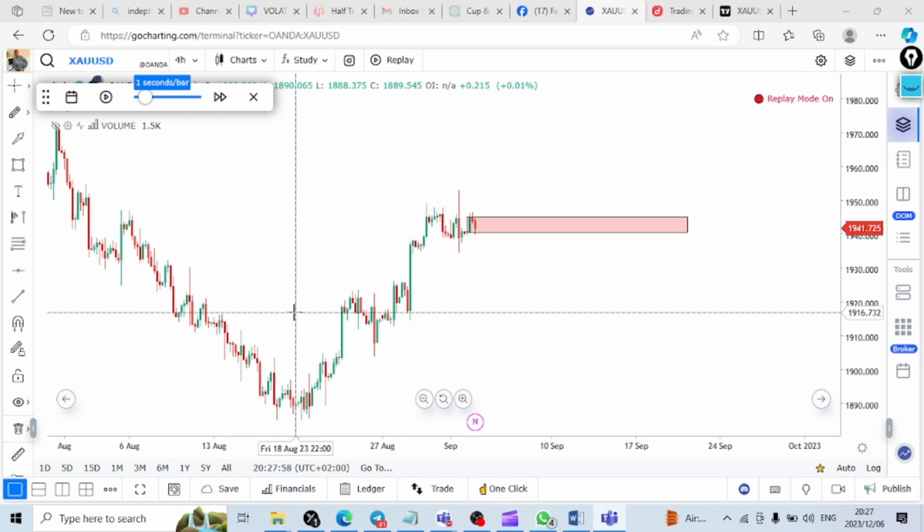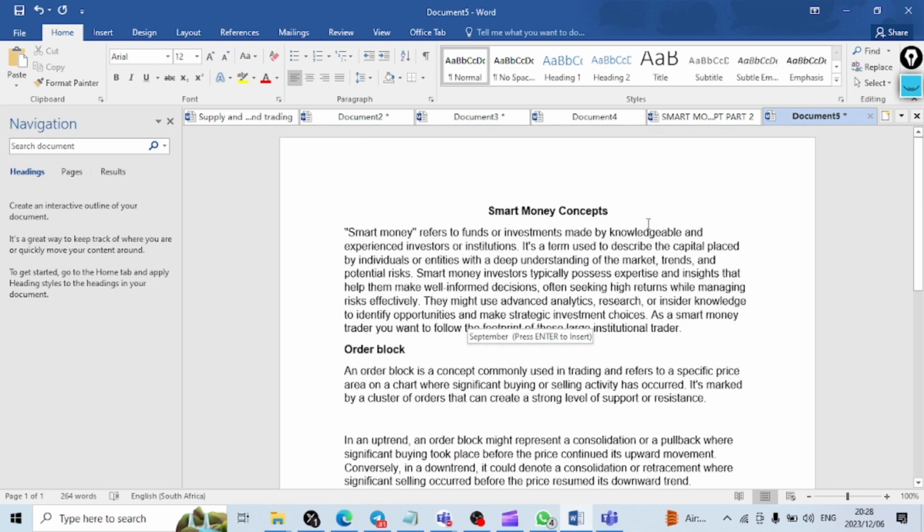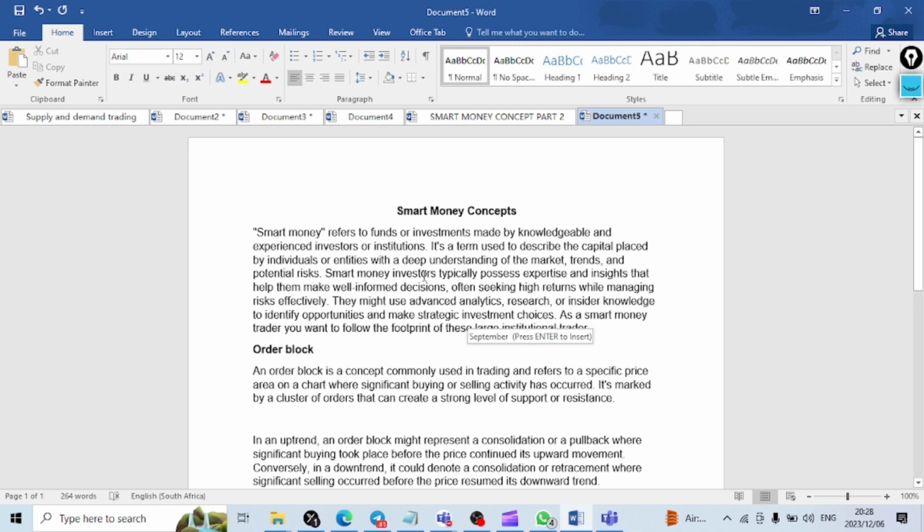So today we'll be talking about smart money concept. This information is something you can easily Google.